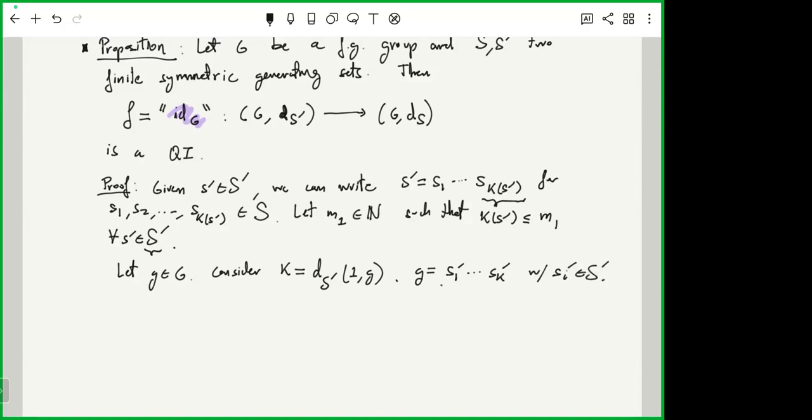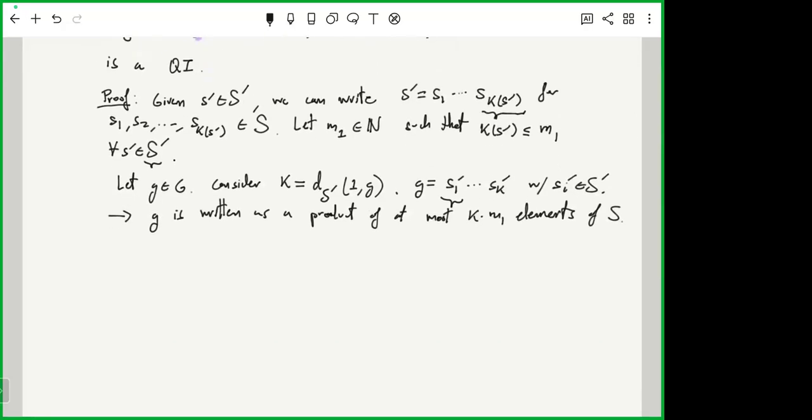Each of those is written as a product of at most M1 elements of S. Then g is written as a product of at most k times M1 elements of S. So the distance from 1 to g in S is at most M1 times k.